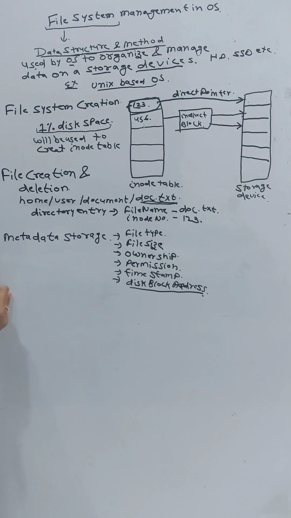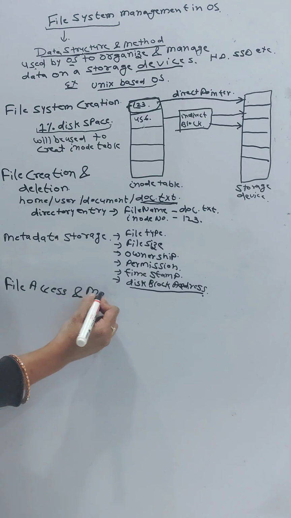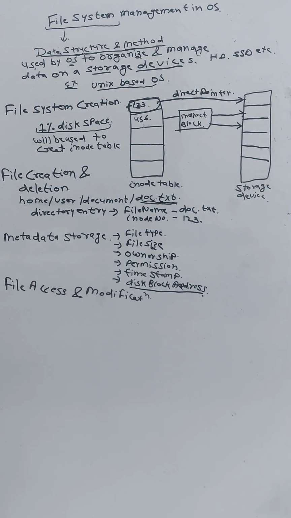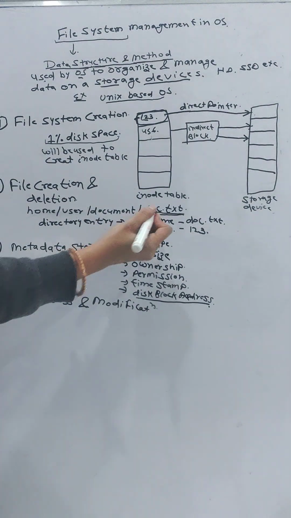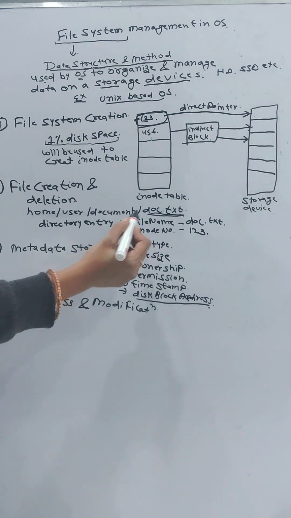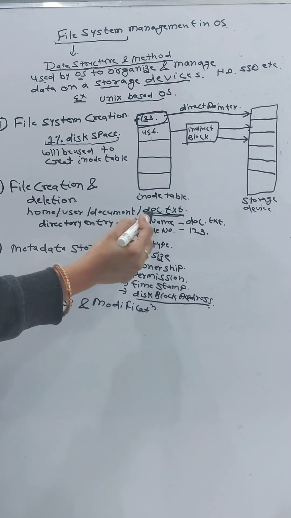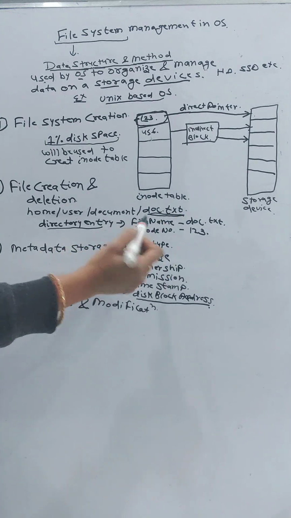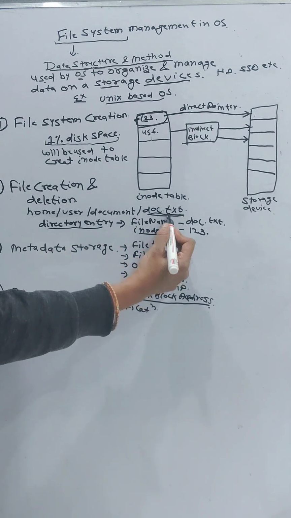Okay, so file access and modification. Suppose user wants to access this doc.txt. What will the operating system do? The operating system will search the directory entry. It will search doc.txt, then find the inode number of doc.txt.